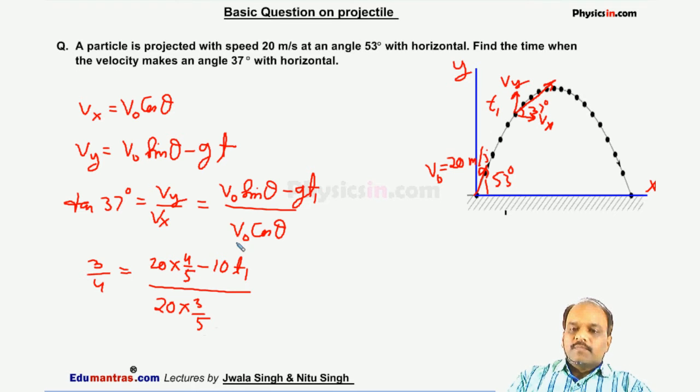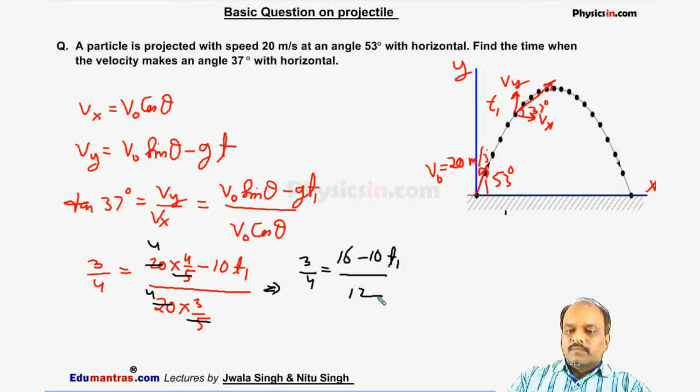So this becomes 5, this is 4, this is again 4. So 3 by 4 is equal to 16 minus 10 t1 divided by 12.